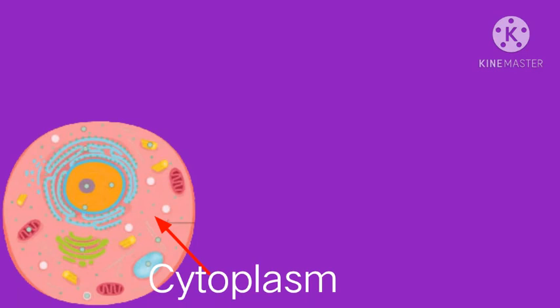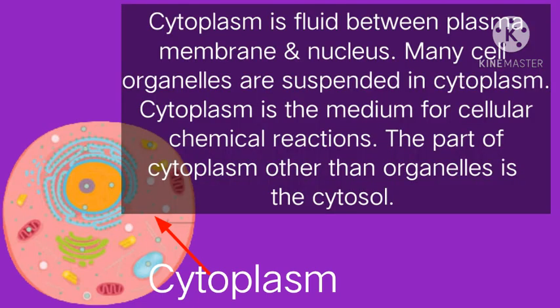The next component of the cell is cytoplasm. Cytoplasm is the fluid between plasma membrane and nucleus. Many cell organelles are suspended in cytoplasm. Cytoplasm is the medium for cellular chemical reactions. The part of cytoplasm other than organelles is the cytosol.